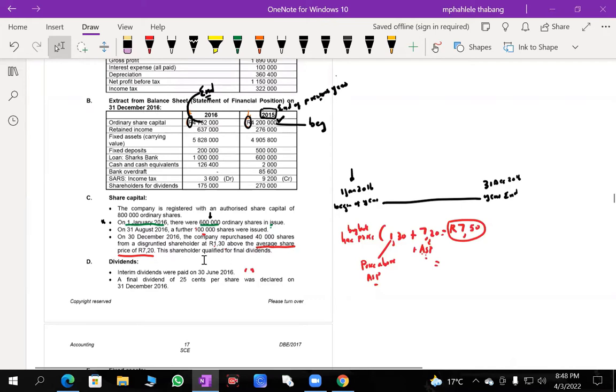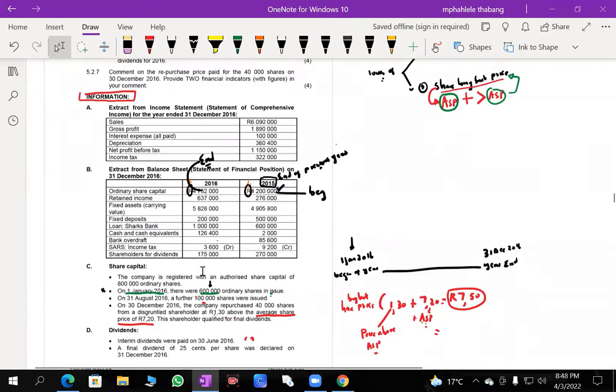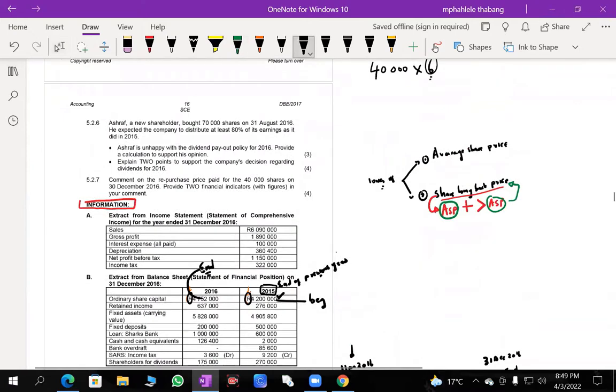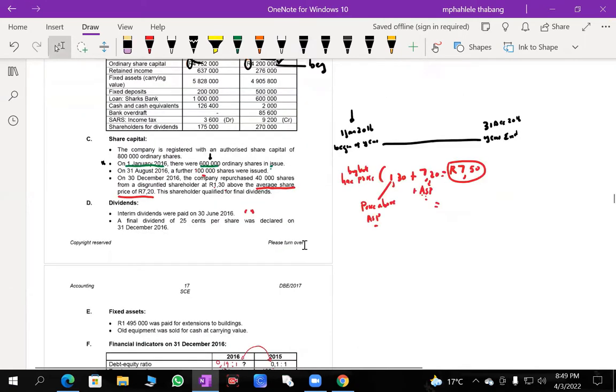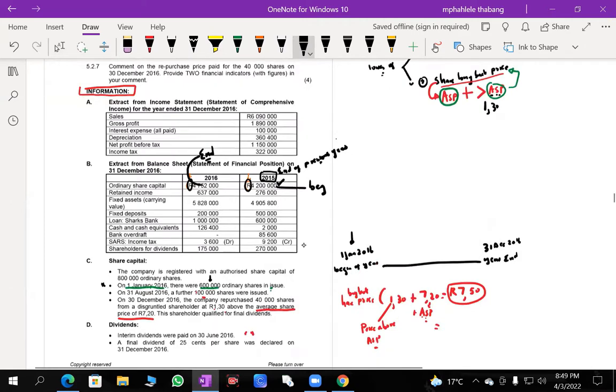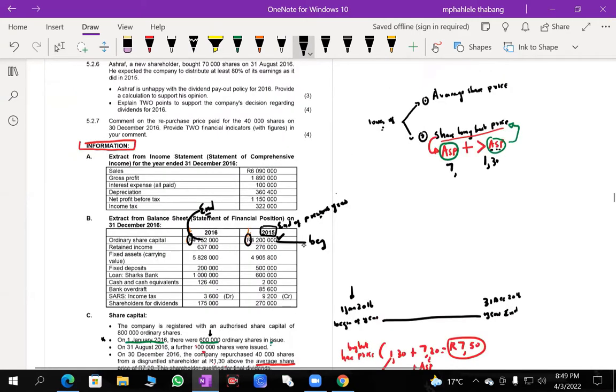So the 130 is the part above the average share price. The average share price is 720.